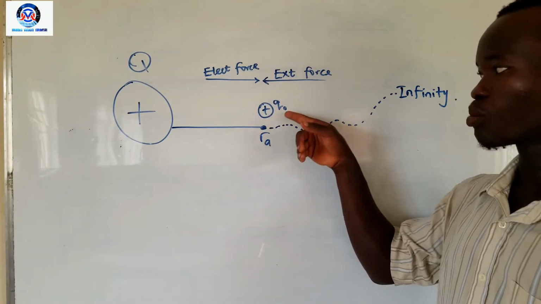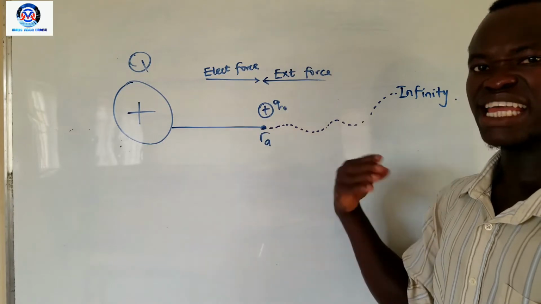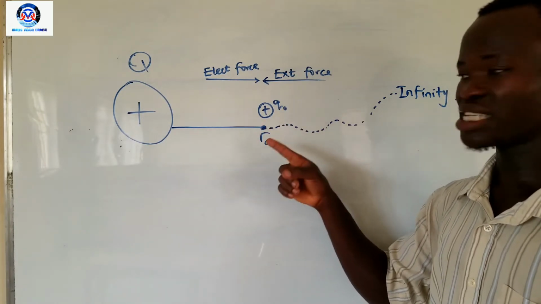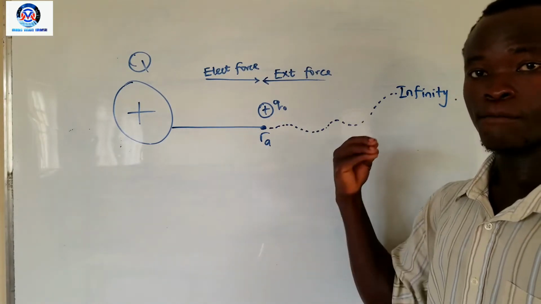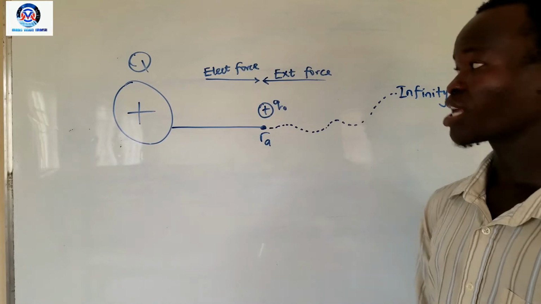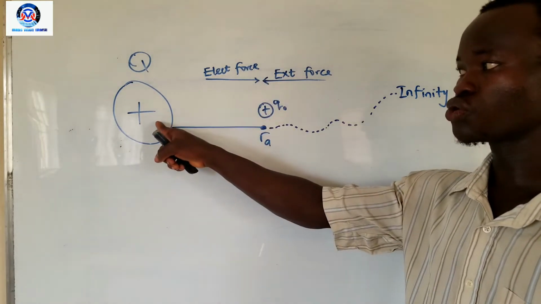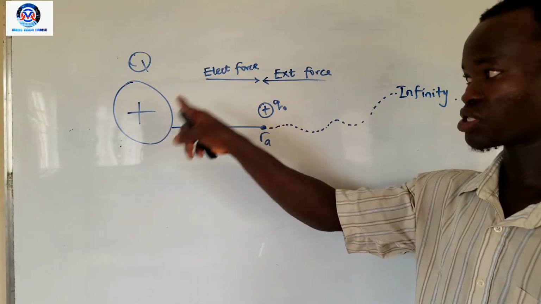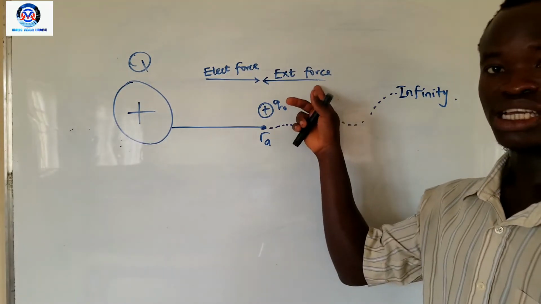As I am doing some work on the charge to move the charge closer to the reference charge, I am storing an energy in the test charge. And the energy that I am storing in the test charge is called the electric potential energy. And don't forget that the electric force is produced by this reference charge, and the external force is me.